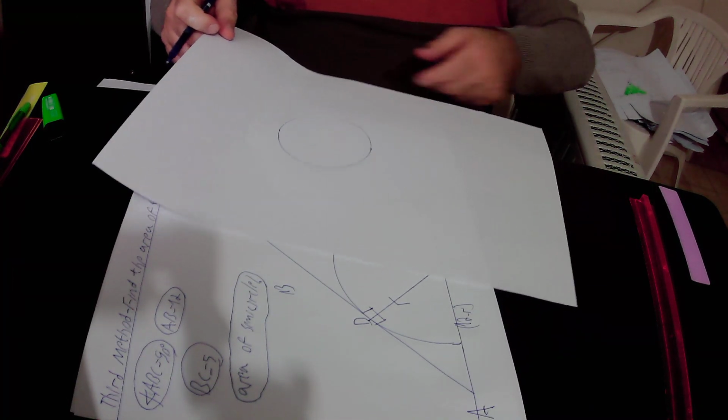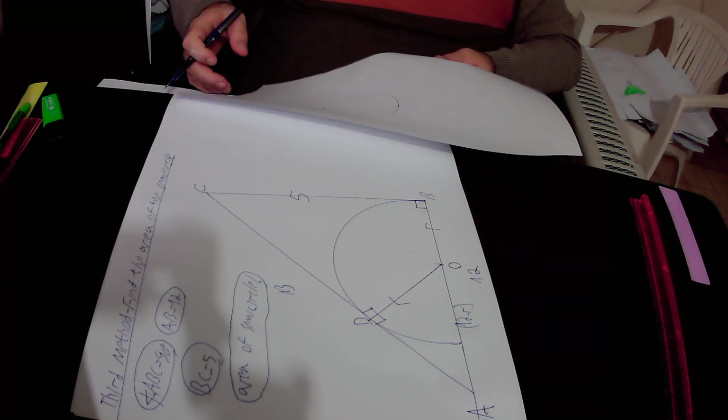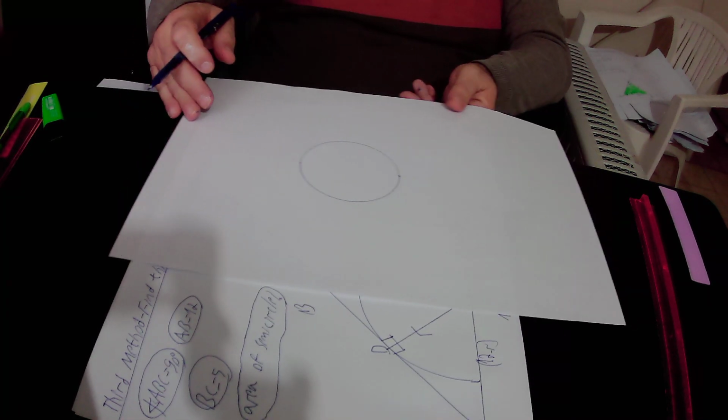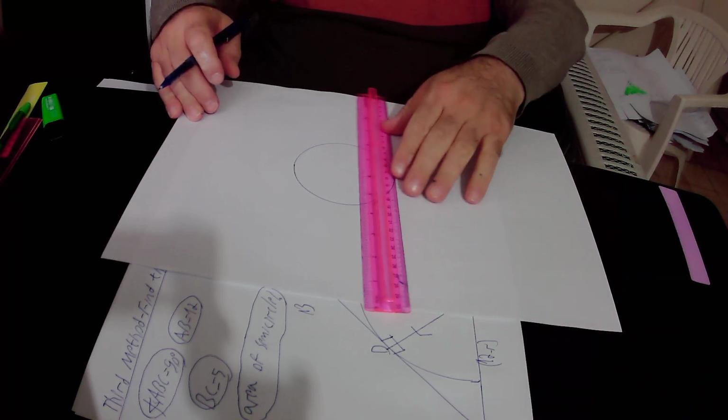Okay, and we will actually get a triangle that blocks this circle.